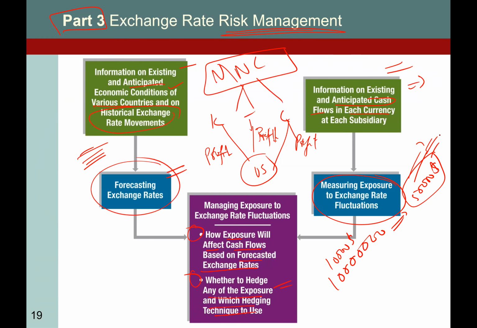So it's better to expose yourself to the risk. And the risk is in your favor. Why? Because your analysis shows that the foreign currency is going to be increasing. So you would be receiving much more than expected, right? Because the currency appreciates. So all of these things, forecasting is necessary.